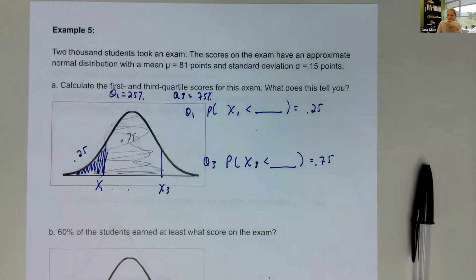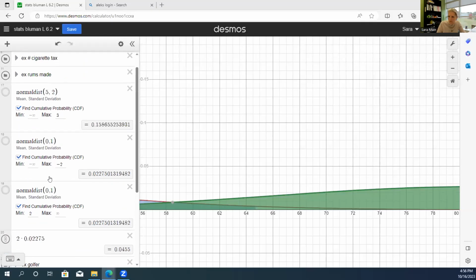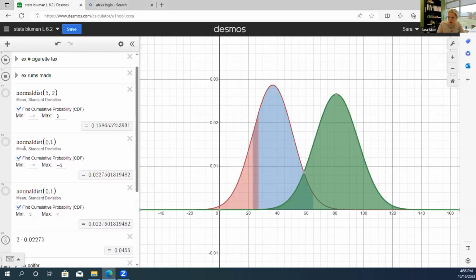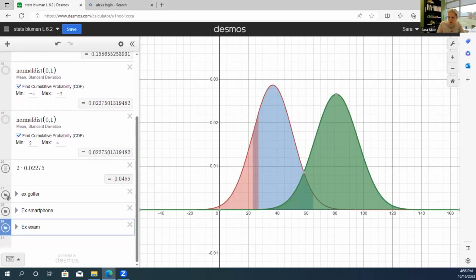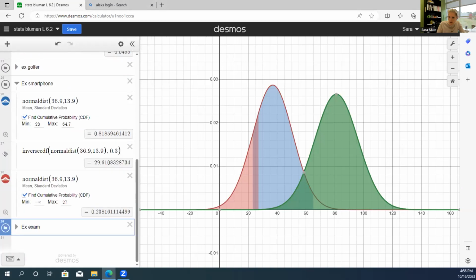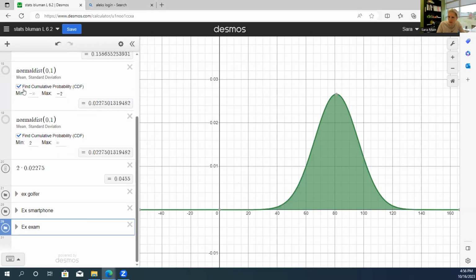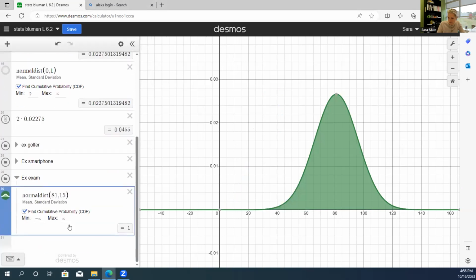The mean is 81 and the standard deviation is 15.